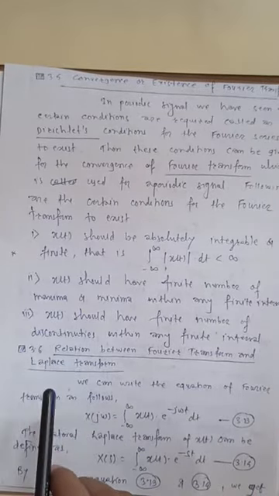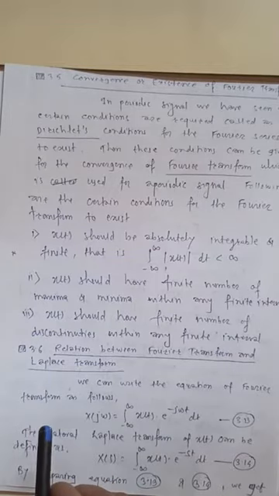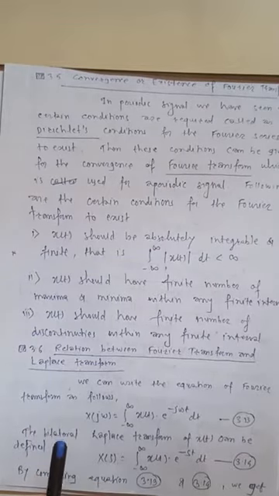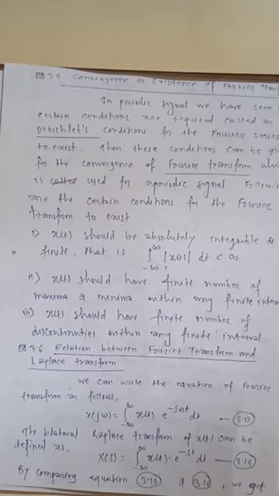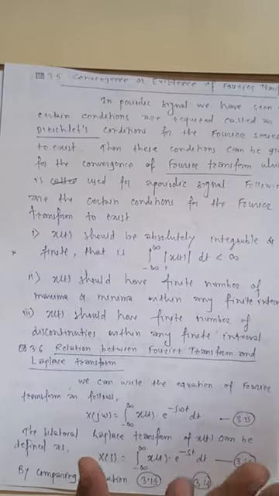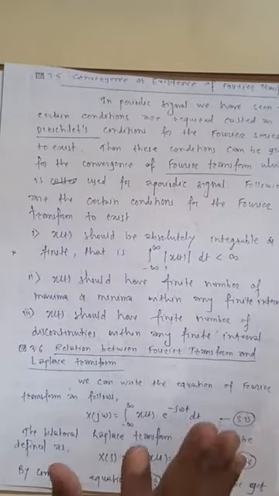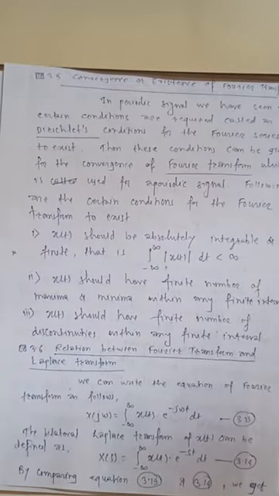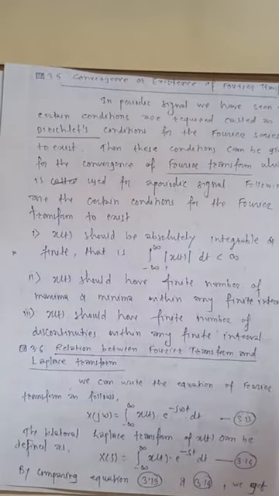And the third important condition: x(t) should have a finite number of discontinuities within any finite interval. If there are discontinuities in the given signal, they should be finite. If there are maxima and minima in a given signal, those should be finite.